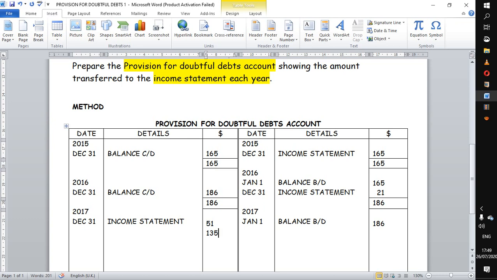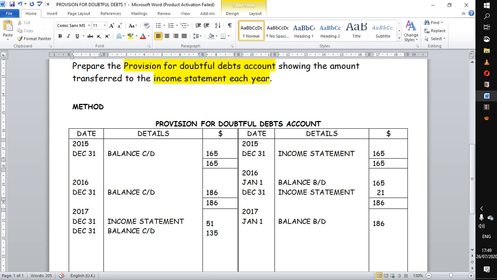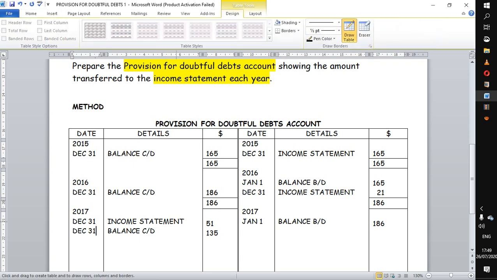Now we also recorded the new provision. This is the new provision 135, and this new provision is described as a balance because this is what we are carrying to the next financial period, and this is also happening at the end of the year. At this point we then balance our account as usual, like we have been doing. We put the totals. These are our two totals.